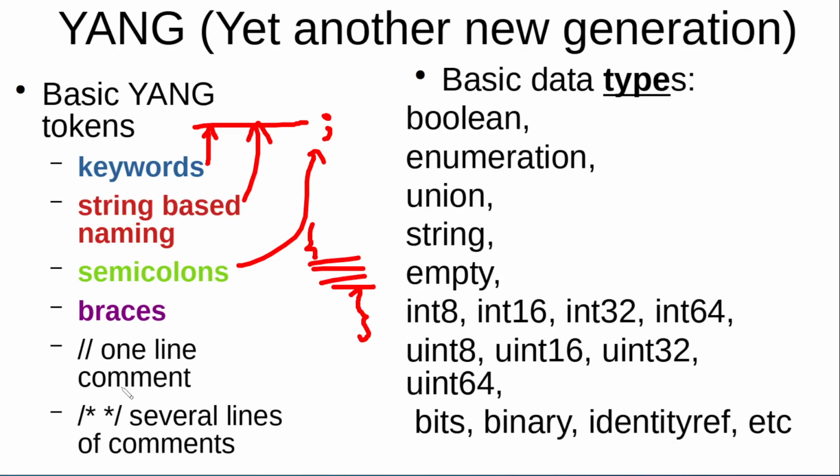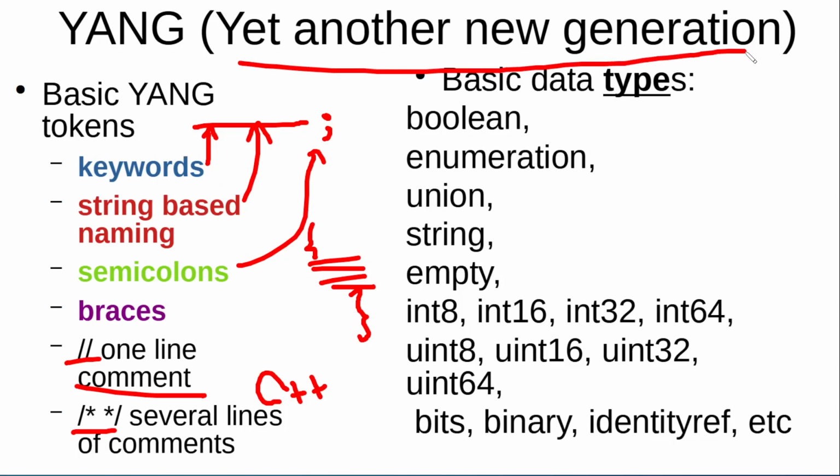And if you want to create comments, you can use the double slash or the slash-star, just like C++. But remember that the Yang language is not a programming language. It is a modeling language. It is very close to C++ syntax only, but I'm talking about the syntax. Oh, by the way, Yang means Yet Another Next Generation.